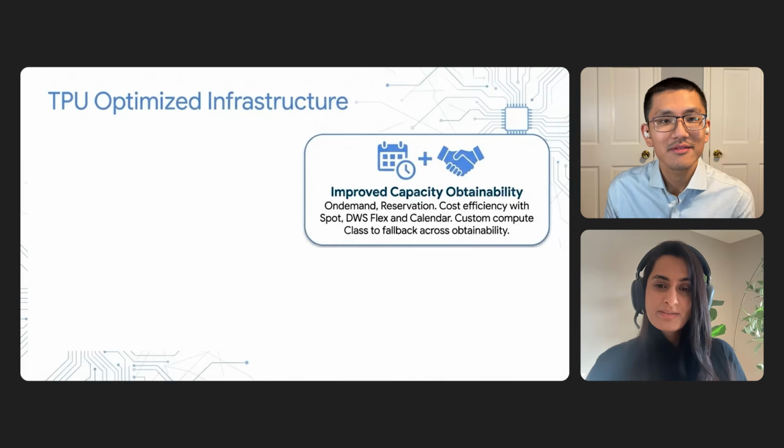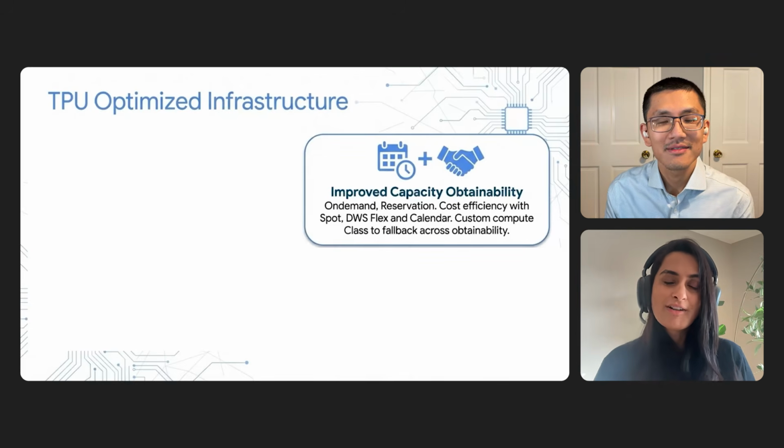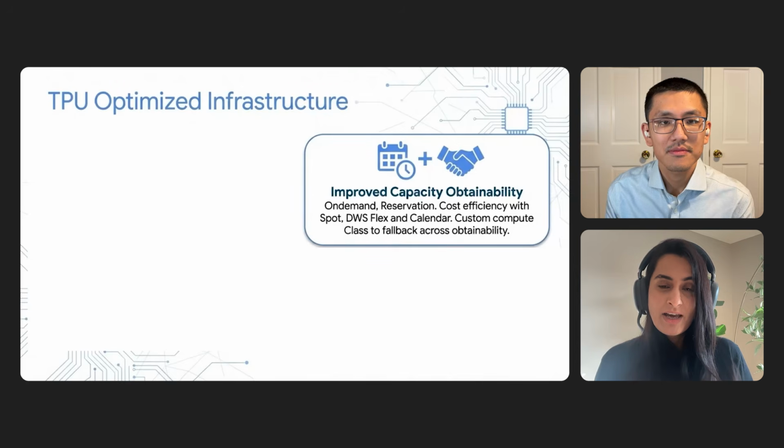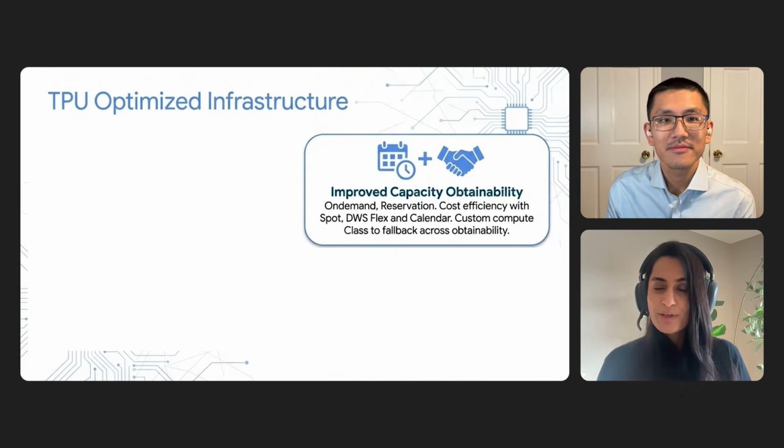Amazing. The next piece of the puzzle: we support all capacity obtainability options that you have for TPU, all the way from on-demand to spot, reservation, and cost-efficient mechanisms such as DWS Flex, Calendar, and Spot. Along with that, GKE brings its own magic called Custom Compute Class that helps you fall back for your workloads across this obtainability.